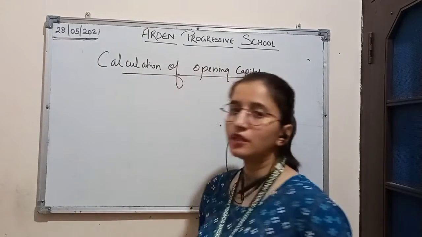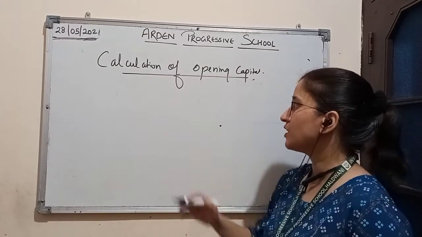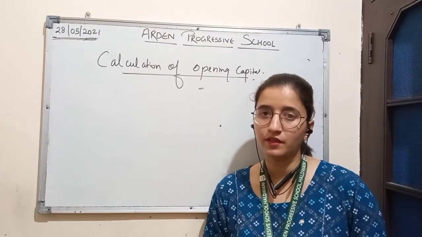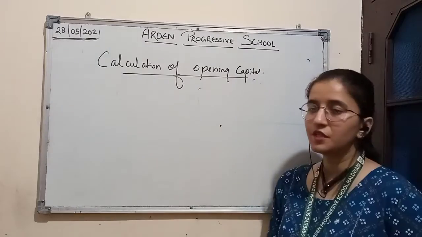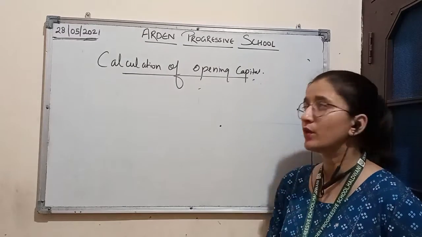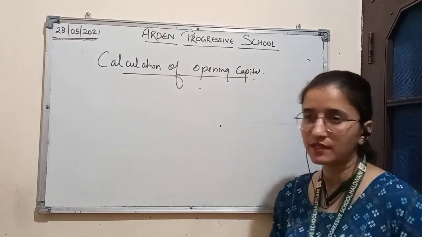As we have seen in the previous question, whatever question we have solved, it is already given what amount of capital is brought in by the partner in the firm. But here we will be given in the question closing capital, by which we will have to calculate the opening capital. Let's understand this with an example.